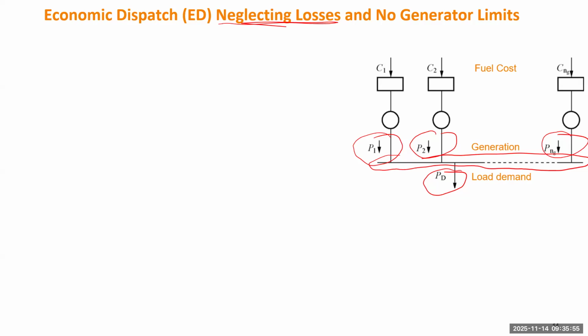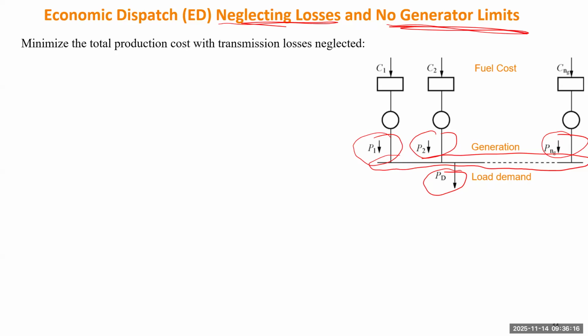And also we ignore the generator limit. So which means the formulation only has one equality constraint, which is the power balance. The input equals output. And there will be no inequality constraints. So we ignore the limits. Okay.